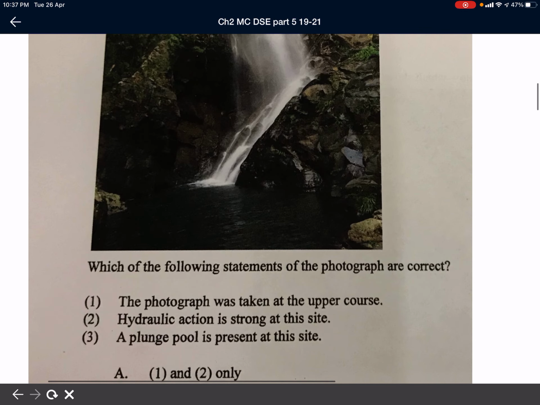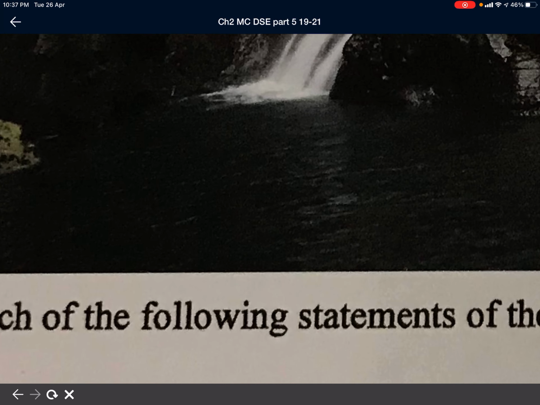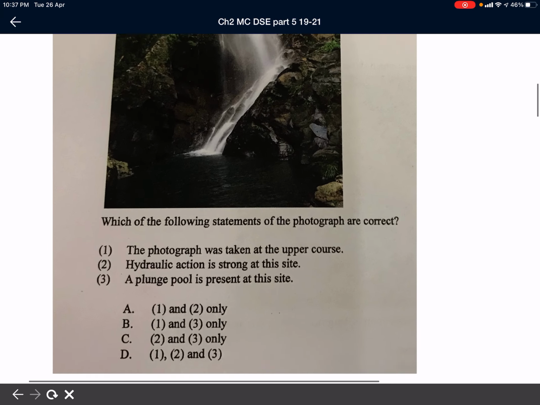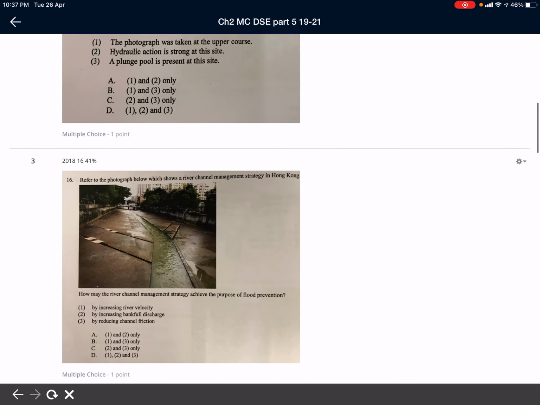If there is a strong water cannon shooting around or falling here like this, then number 2 is correct. How about number 3? Plunge pool will be present also, because you can see there's a plunge pool right here. Can you see there's a large area of water? This can be regarded as the plunge pool. So number 3 is correct.